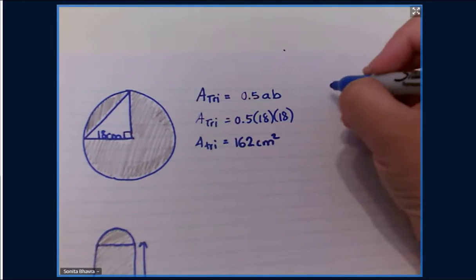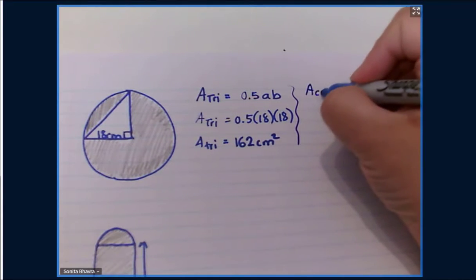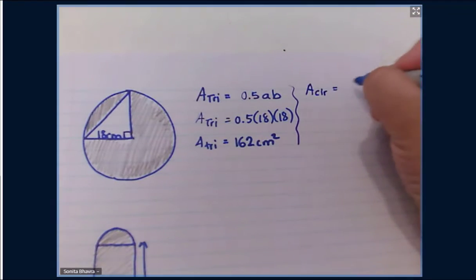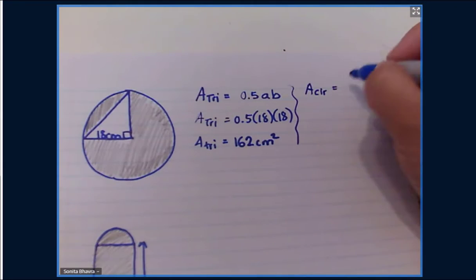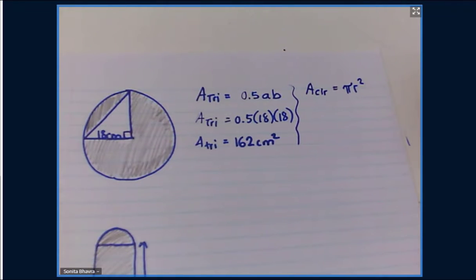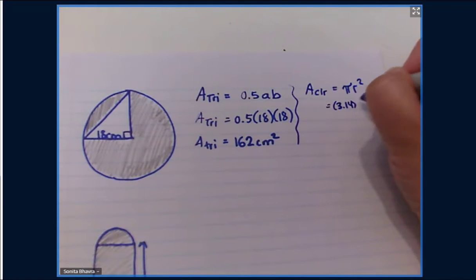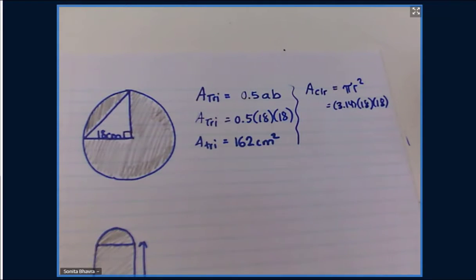Next, I'm going to figure out the area of the circle, and our formula for area of a circle is pi r squared. All right, so our radius for the circle is 18, so this becomes 3.14 times 18 times 18, because it is radius squared.